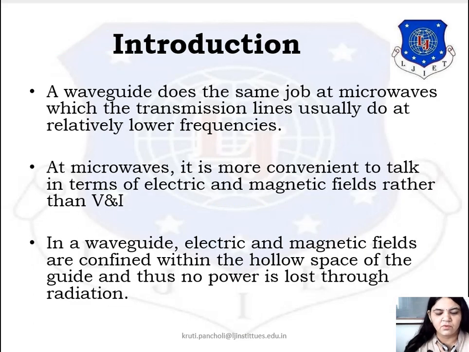Very first, what is the waveguide and what is the transmission line? The waveguides are nothing but the transmission line that is having the single conductor and which is used for the propagation of the microwave and millimeter waves.